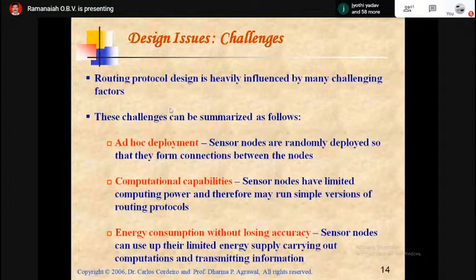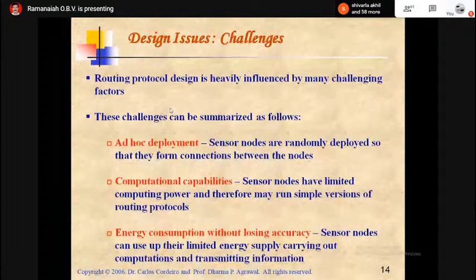Then similarly, computation capability. Sensor nodes have very limited computing power and therefore may run simple versions of routing protocols. We have already discussed, given a MANET, you may want to run a very powerful server.